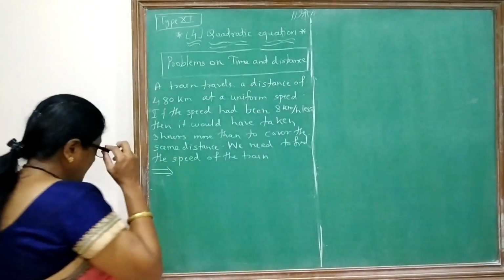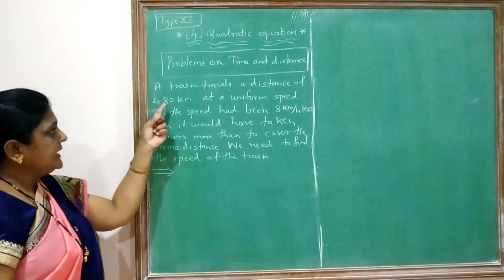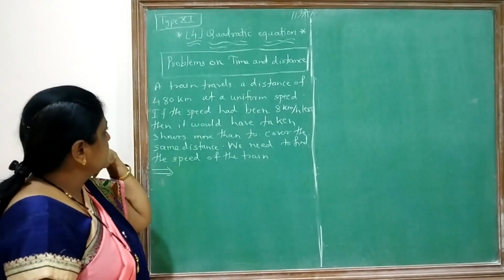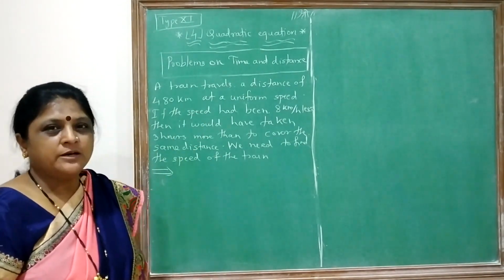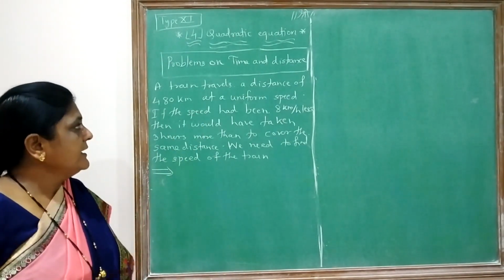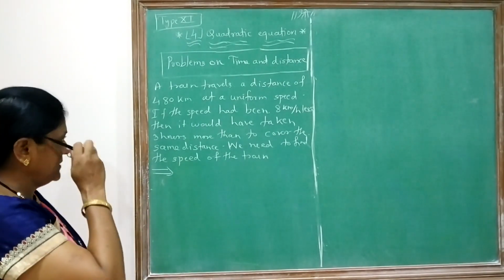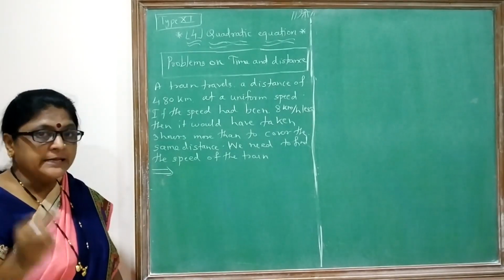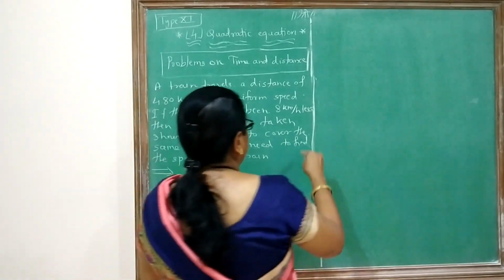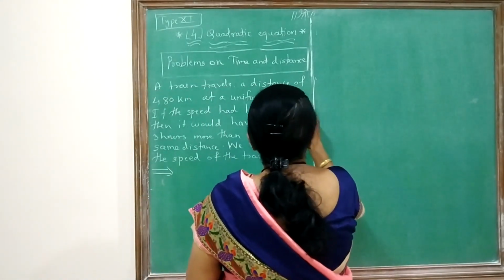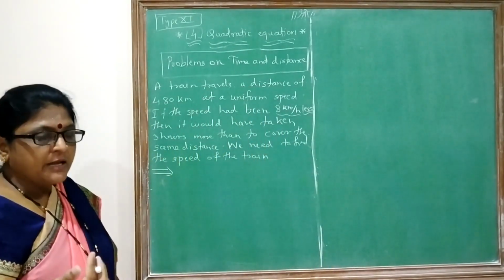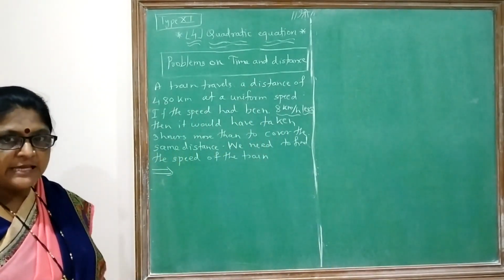First, what is your question? A train travels a distance of 480 kilometer at a uniform speed. If the speed had been 8 kilometer per hour less, that means x minus 8.